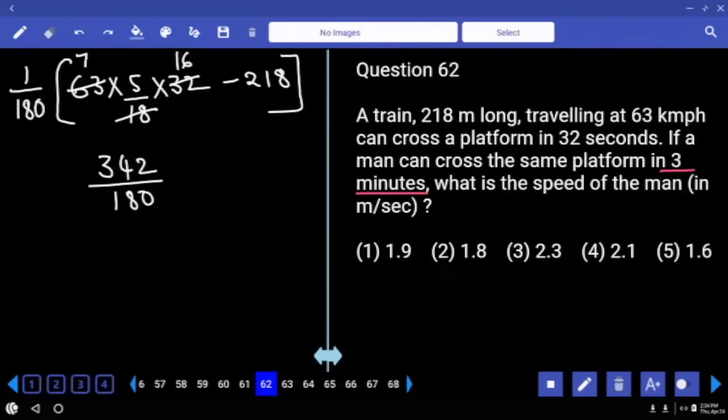Yes. 18 cancellation, 10 times. What is 18 10 times? 20 times. Numerator is how much less than 360? That means 1 time less than 20 times only, which is equal to 19 times. Divided by 10, 1.9.